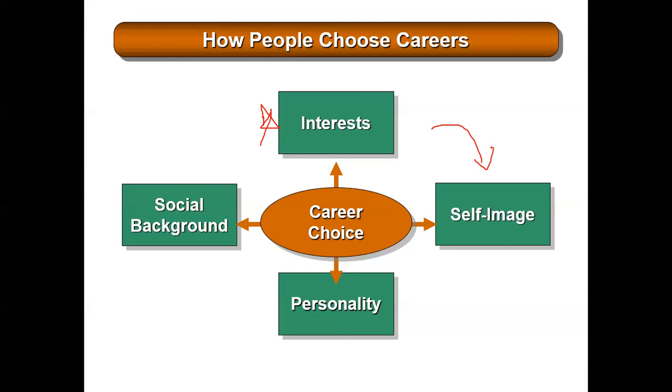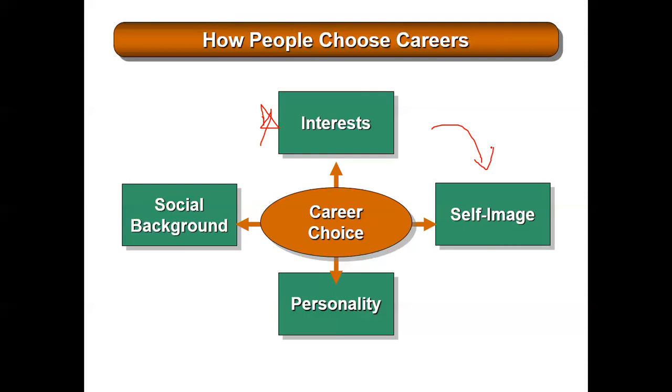Now, personality also plays an important role. What exactly your personality is, and what is your social background? When we talk about social background, it is often seen that there are certain challenges or issues, so that though you are very interested, certain challenges will not help you to go ahead with that career choice.